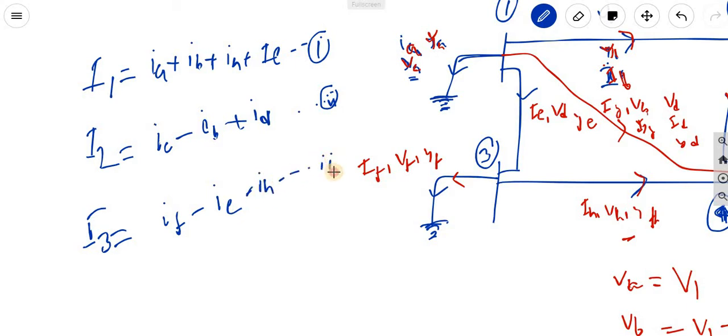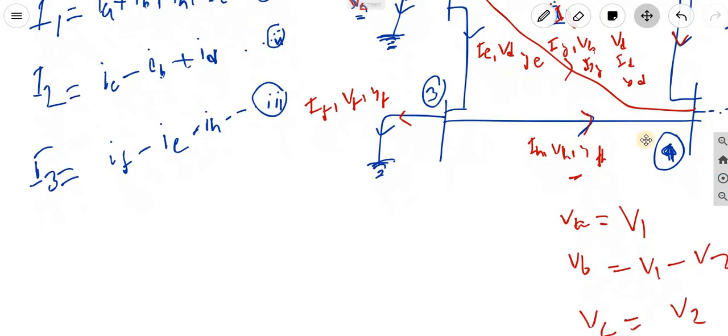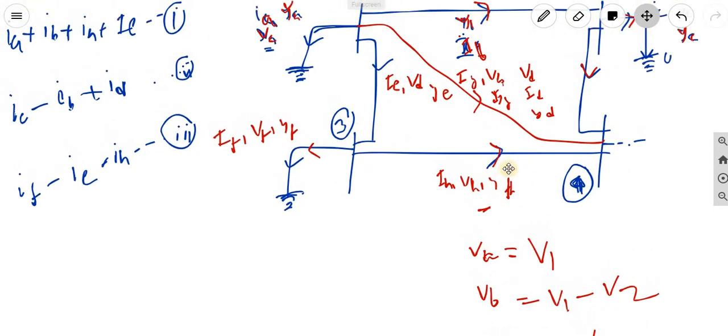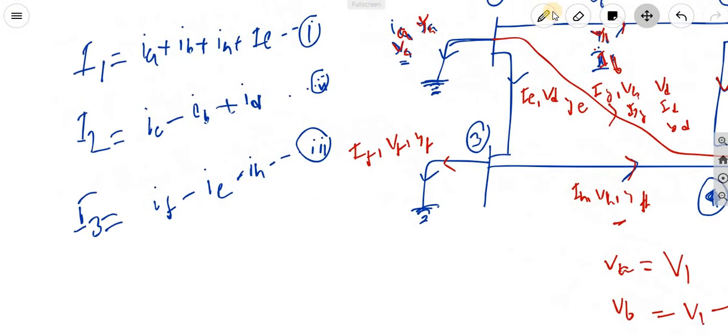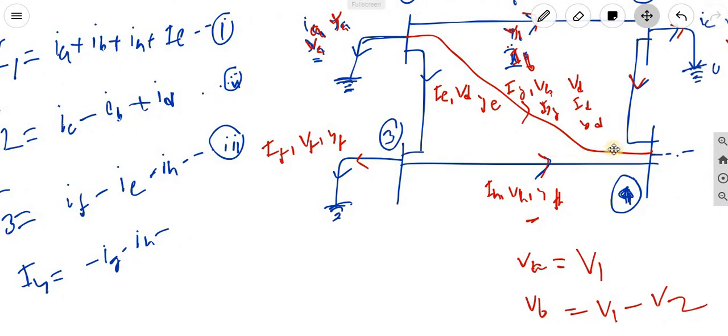So this is I3, and for I4 what we could get, I4 is minus ID minus IG minus IH. So this is my equation.